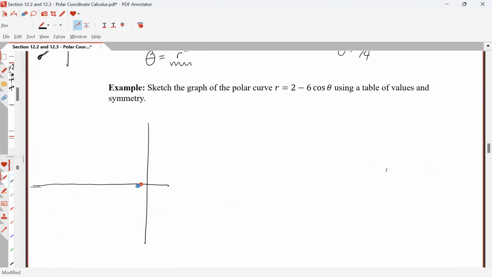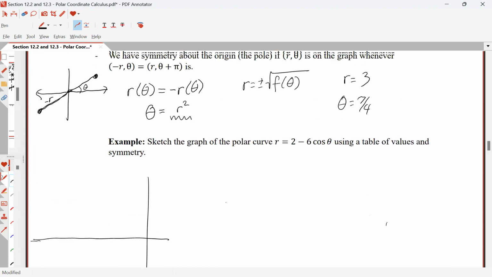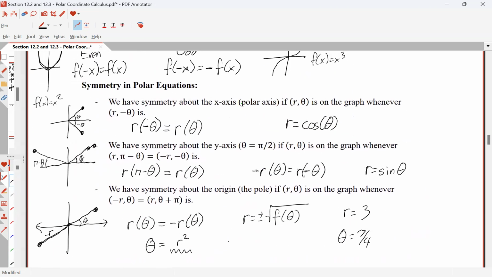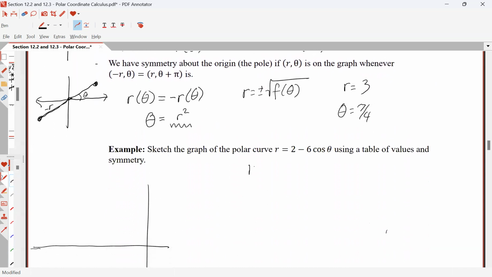And checking for symmetry, because we see this cosine here, that's a good sign to check for the symmetry about the x-axis. So we're going to check that if I plug in a negative theta, do I get the regular function back? So r of theta equals 2 minus 6 cosine theta.